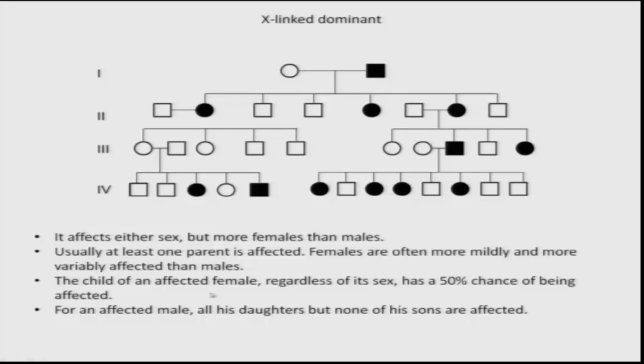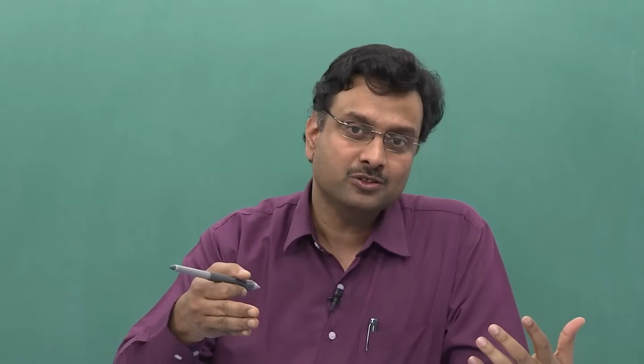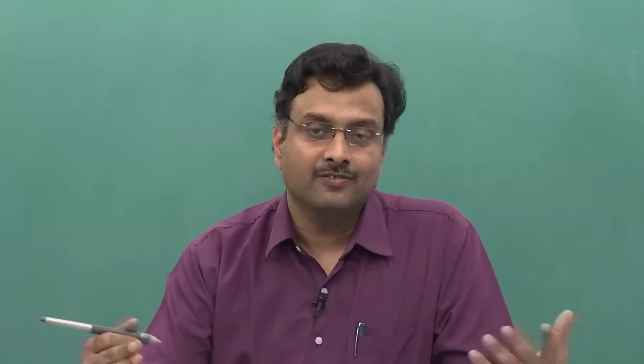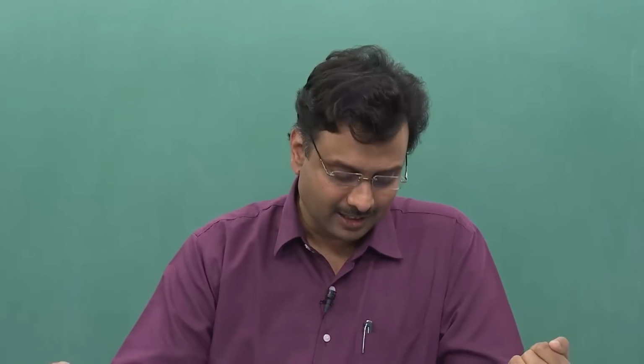The child of an affected female, regardless of its sex, has a 50% chance of being affected, because she has 2 X chromosomes and in her meiosis, if she is a carrier, heterozygous, 50% of her germ cells would have the affected chromosome.